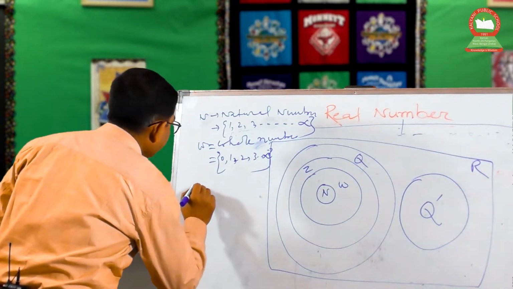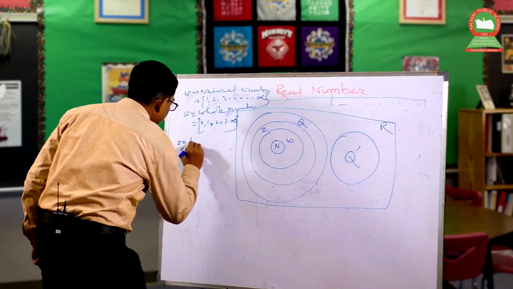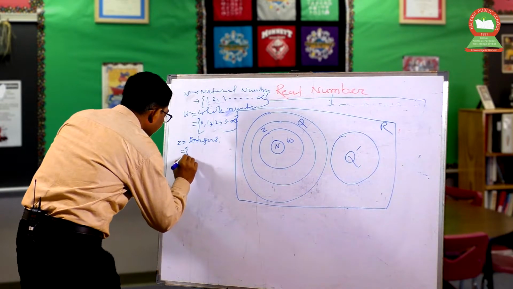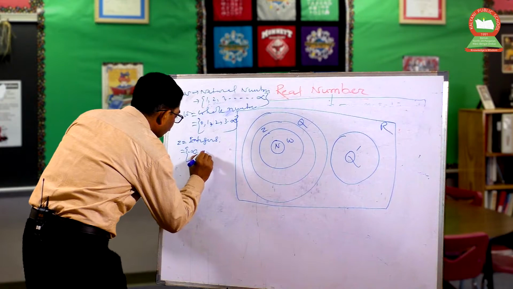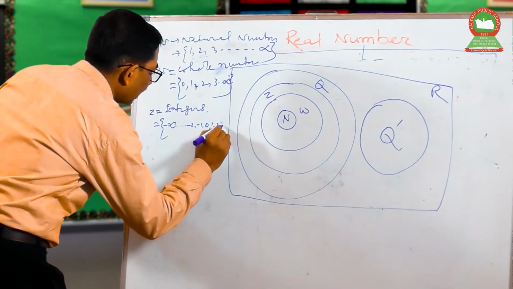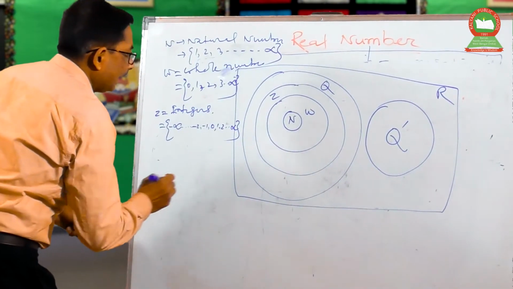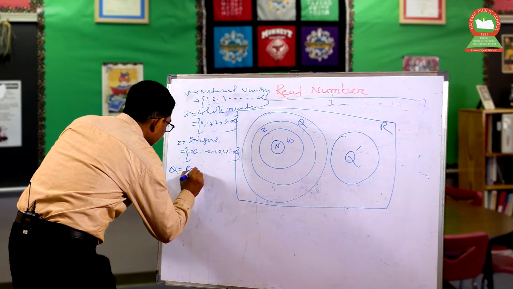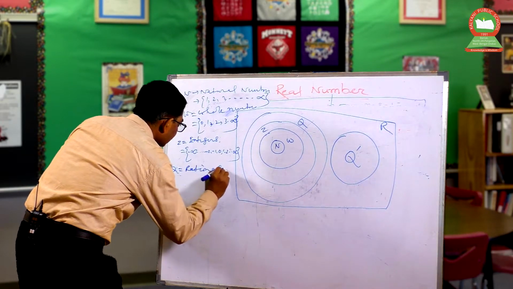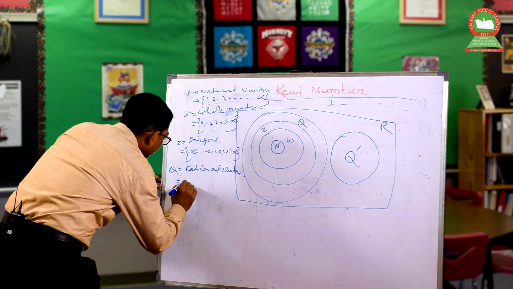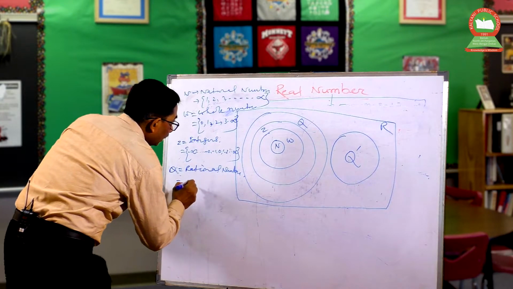And then come the integers, which indicate minus infinity to minus 2, minus 1, 0, 1, 2, up to infinity. And then comes the rational numbers. A rational number can be any number, plus or minus, from negative infinity to positive infinity.